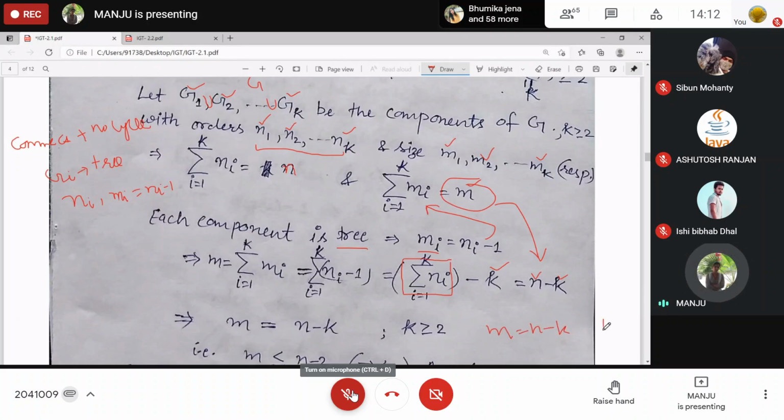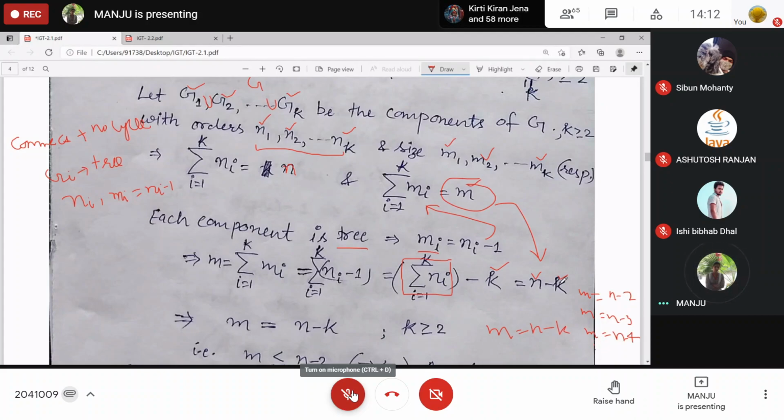Now what is the value of k? At least 2, right? If k is equal to 2, we get n minus 2. If k is equal to 3, n minus 3. If k is equal to 4, n minus 4, and so on.